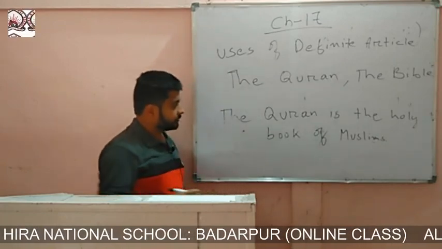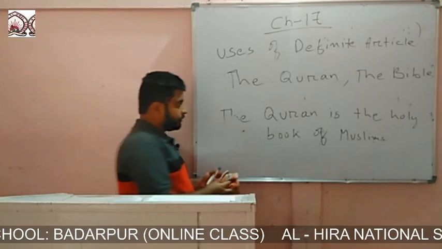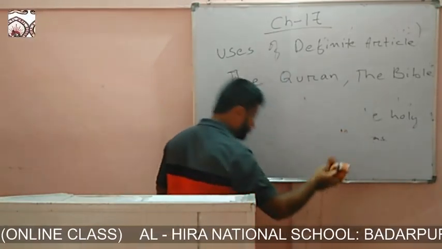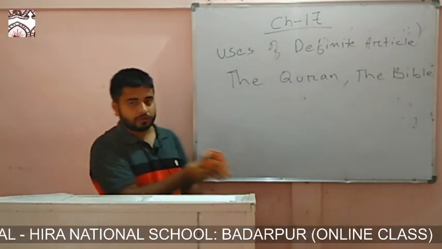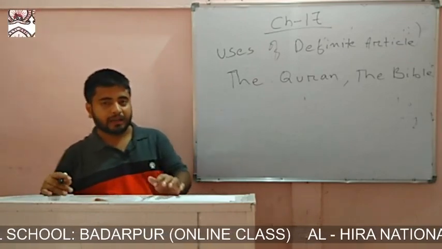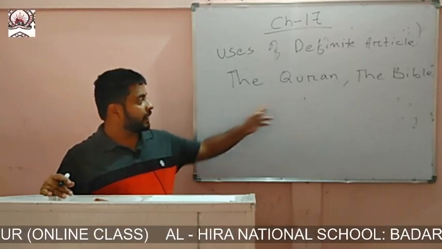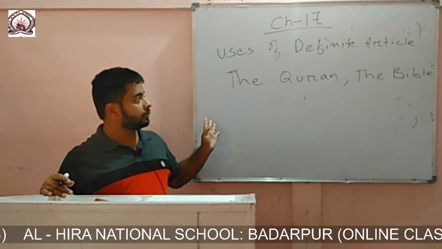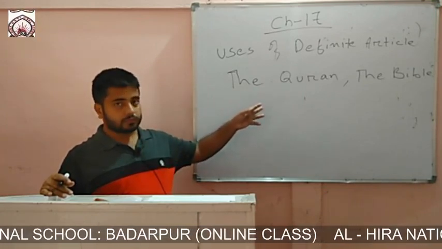And another thing, we should always remember that if the writer's name is given before the name of the holy book, for example, Valmiki's Ramayana, if the writer's name is written before the Bible, we will not use the.